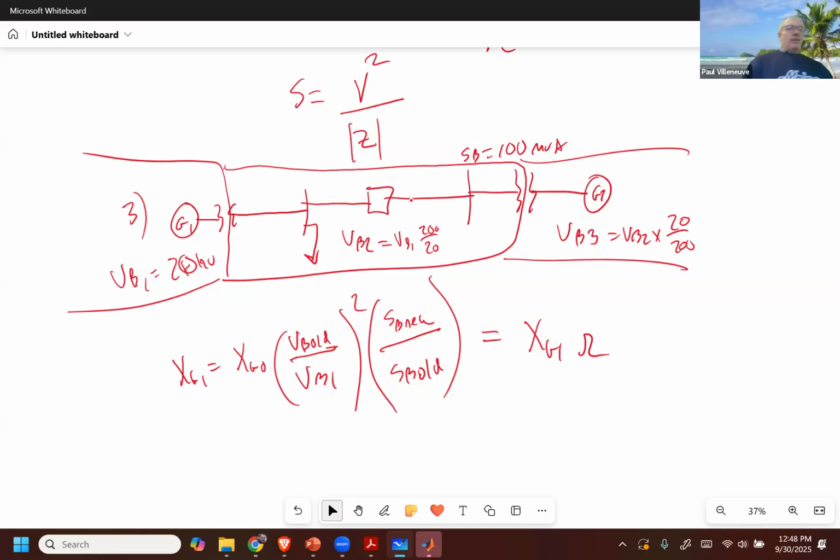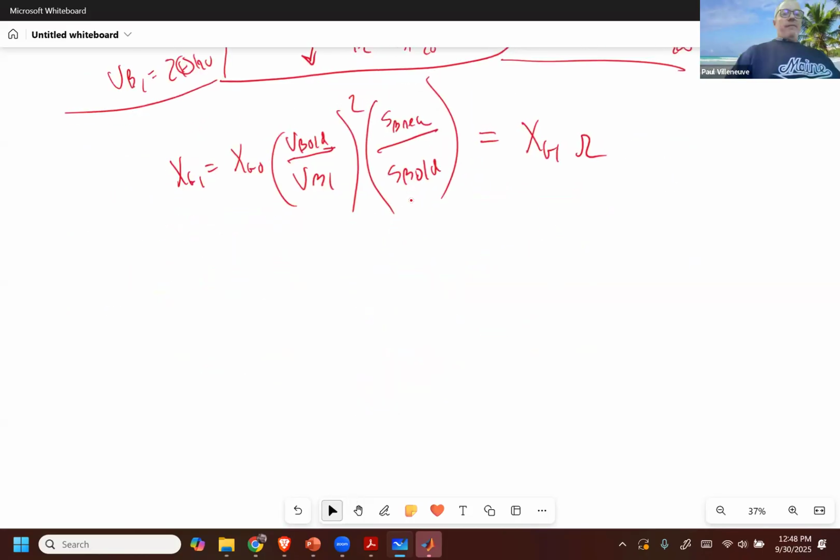Okay. So you have to do the same thing for XG2. And I'm not going to write all those out. It's so slow. It's the same calculation over and over again. XG2, XT1, XT2. My line, I gave it to you in terms of 120 ohms.